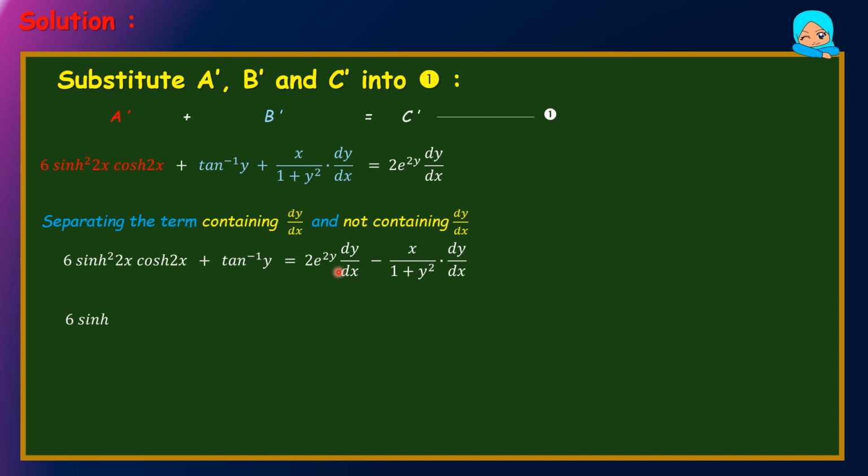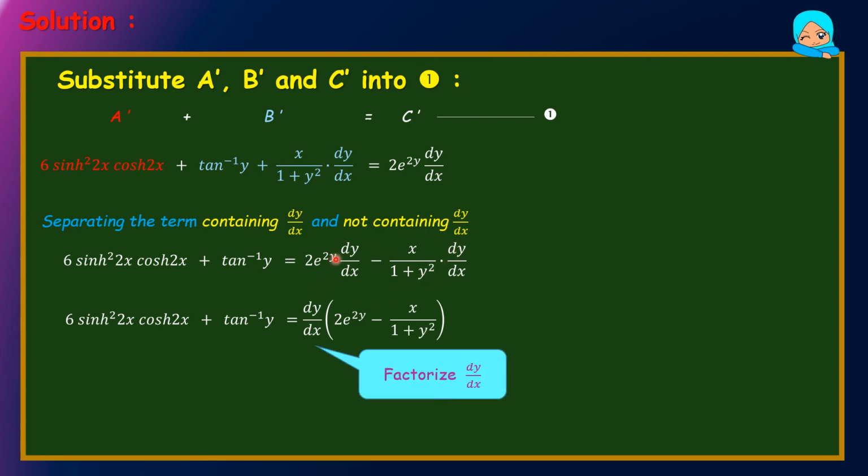Okay. And then we factorize dy over dx. We move out dy over dx, so in the bracket we have 2e to 2y minus x over 1 plus y squared. For the left hand side, it is still the same. After that, we write dy over dx as the subject. This is a multiplication operation, so when we write dy over dx as the subject, we need to move the multiplication operation to the left hand side.